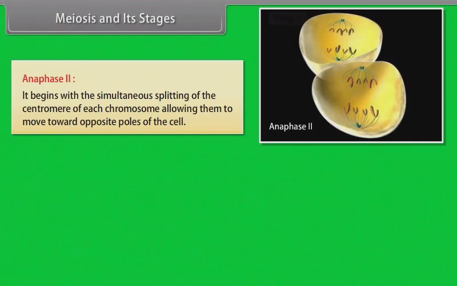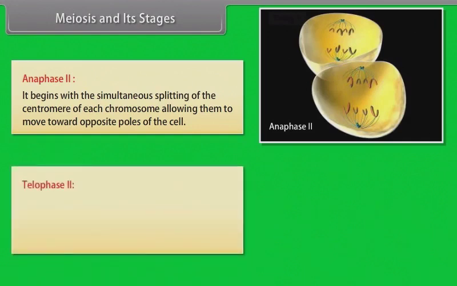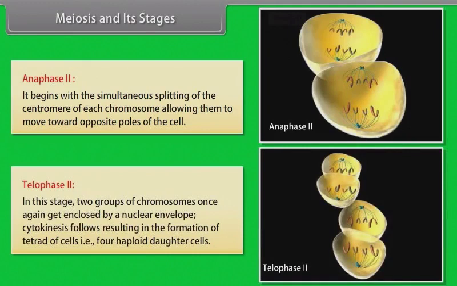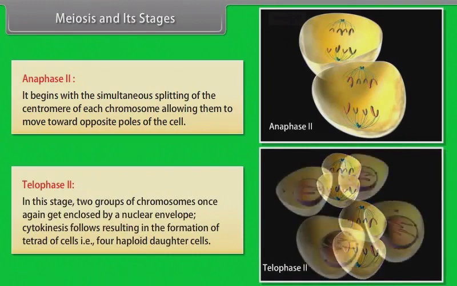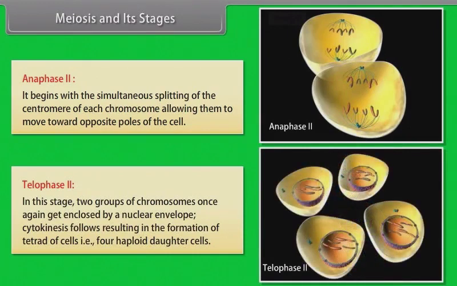The last stage of meiosis is telophase II. In this stage, two groups of chromosomes once again get enclosed by a nuclear envelope. Cytokinesis follows, resulting in the formation of a tetrad of cells, that is, four haploid daughter cells.